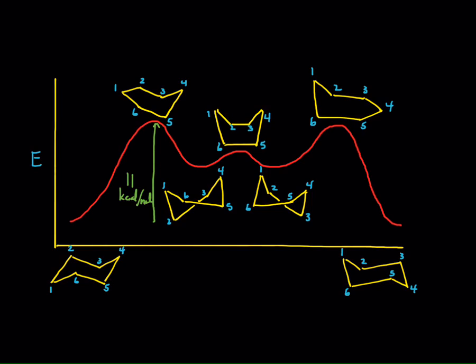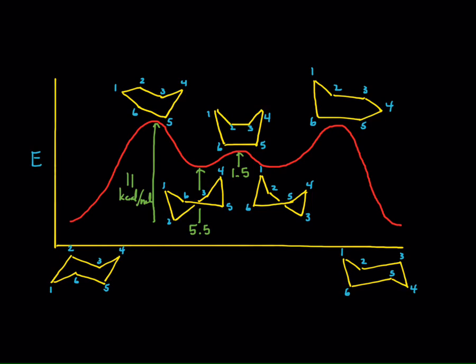Then I can alleviate that getting to the twist, but notice the twist is still higher in energy than my chair conformation by about 5.5 kilocalories per mole because it still has torsional strain. And then I have to add a little more energy relative to the twist boat to get to the boat, because of the steric hindrance. It's a little amount, but certainly enough to make a difference.